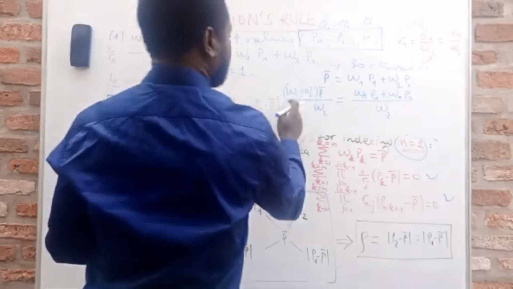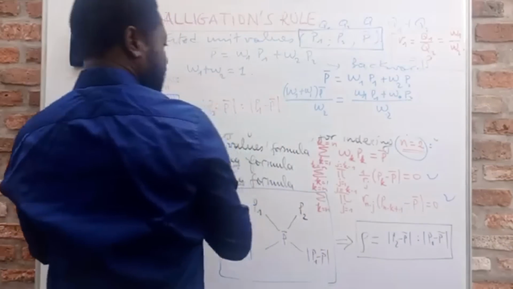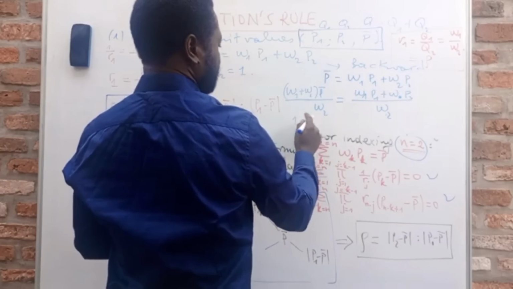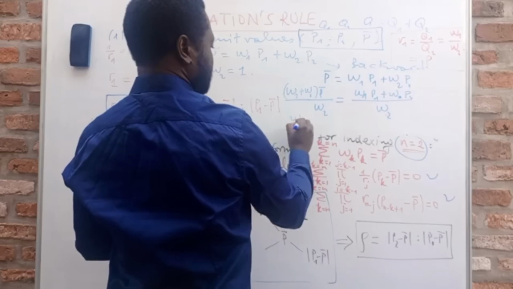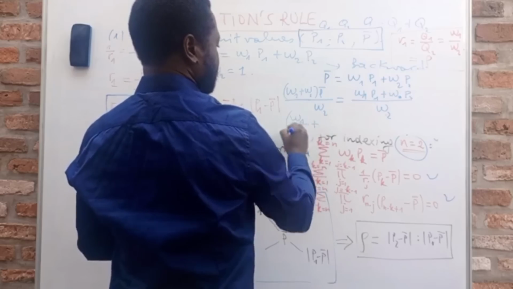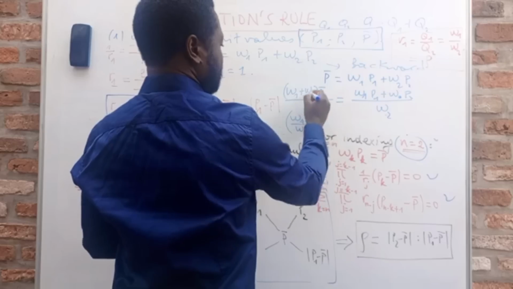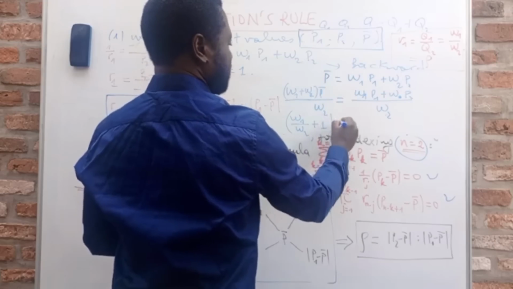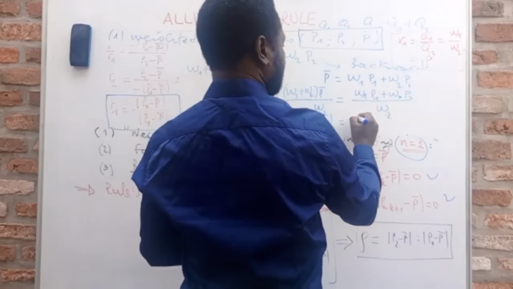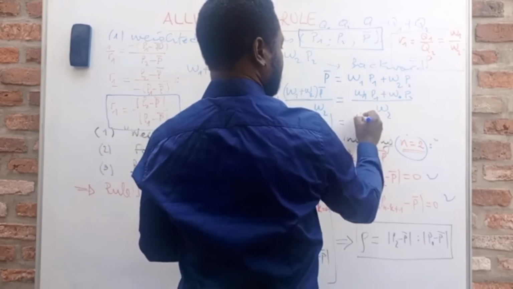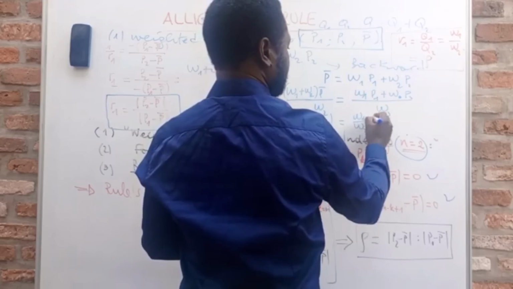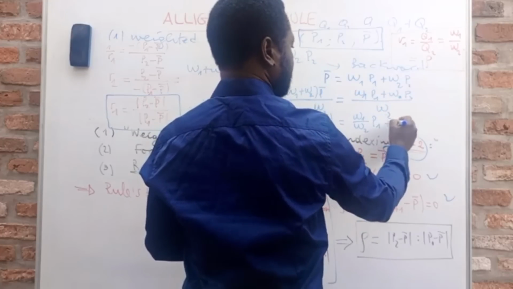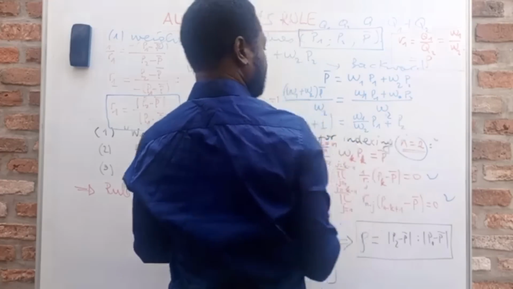Now I divide here and there, in order to obtain omega 1 over omega 2 plus omega sub 2 over omega sub 2 is equal to 1. This is what I have here. I will divide here, get omega sub 1 over omega sub 2 p sub 1 plus omega sub 2 over omega sub 2 is going to be 1 times p sub 2.